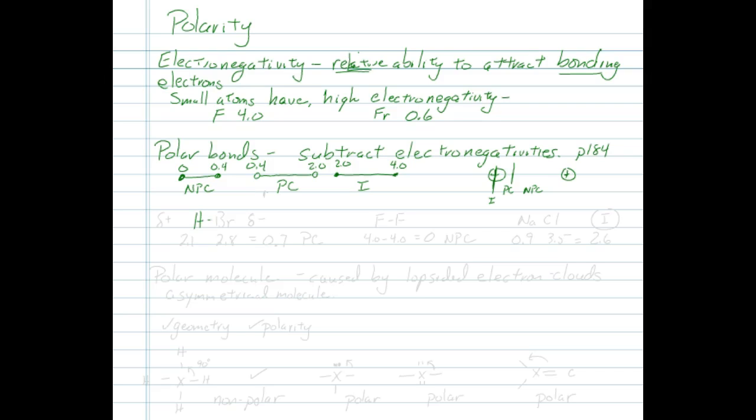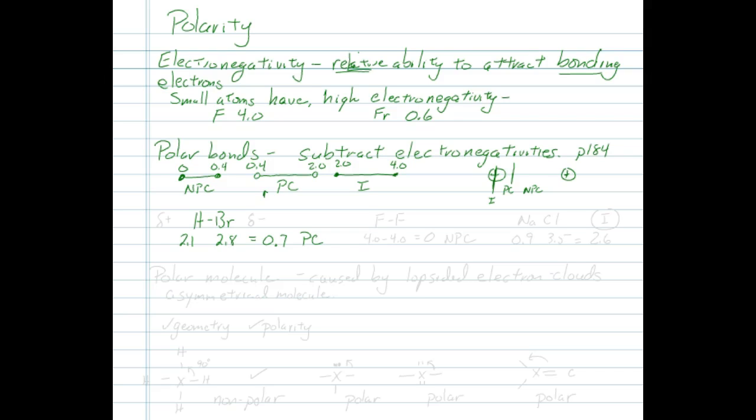Example, HBr. H is 2.1. There's no units on it, it's just a relative number. And Br is 2.8. So you take 2.8 minus 2.1, and you get 0.7, which makes it in the polar covalent range.